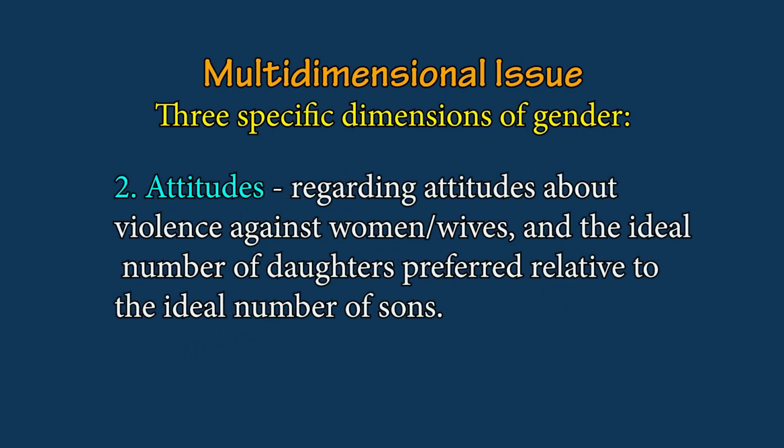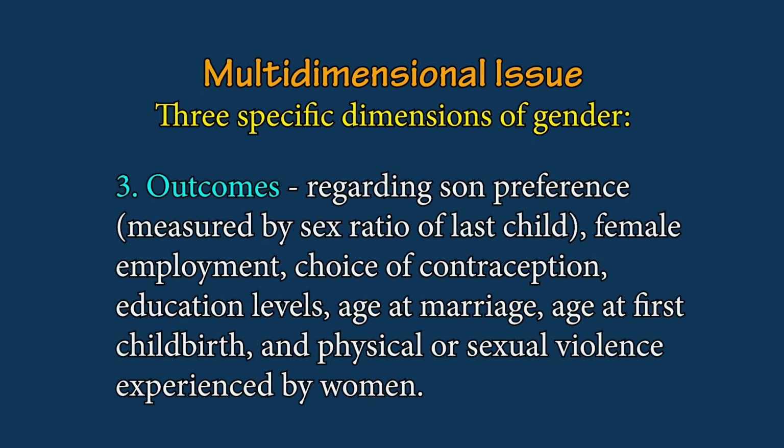First dimension is agency. Second dimension is attitudes. Attitudes is about violence against women or wives and the ideal number of daughters preferred relative to the ideal number of sons. And the third dimension is about outcomes.